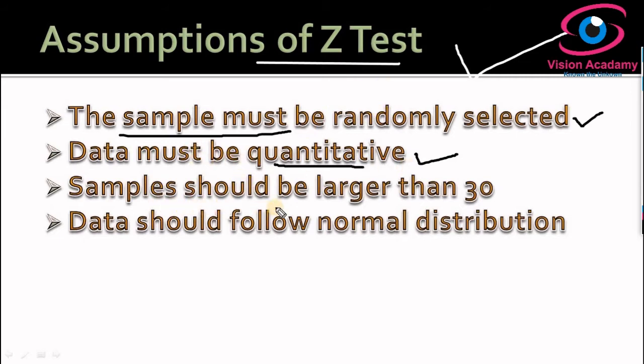One more assumption is that the sample should be large for the z-test. If your sample is less than 30, you can go for the t-test. If you want to apply the z-test, the sample should be more than 30. So we call the z-test a large sample test. This assumption also must be met by the data you are testing.